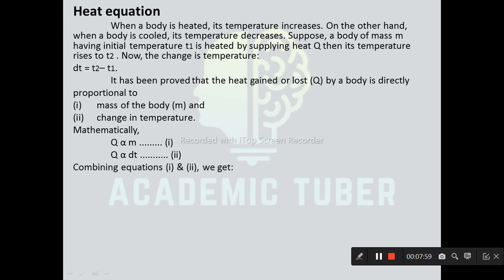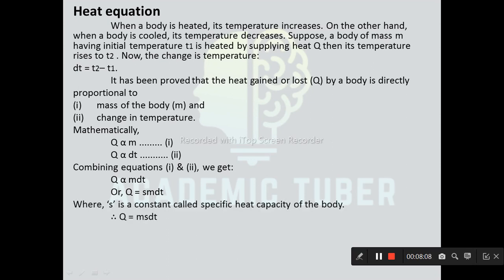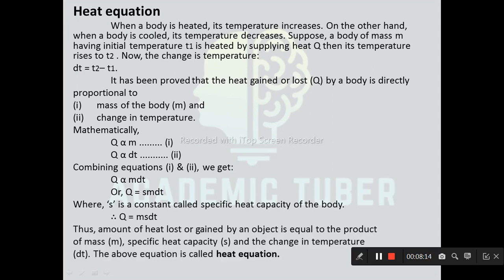If we combine equation 1 and 2, we get Q proportional to m delta T, or Q equals m s delta T, where s is a constant called specific heat capacity of the body. Therefore, Q equals m s delta T. Thus, the amount of heat loss or gain by a body is equal to the product of mass, specific heat capacity, and change in temperature. This above equation is known as the heat equation.